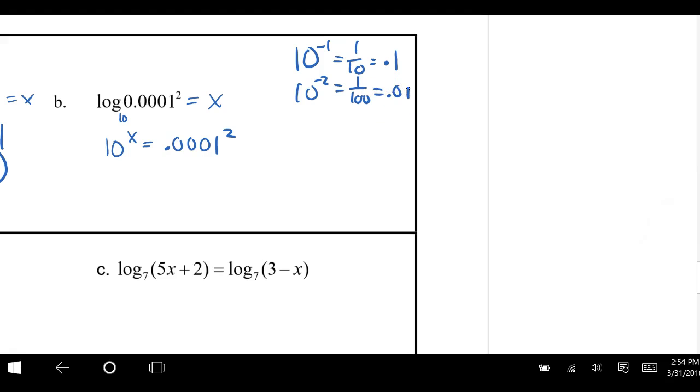So we have to figure out how many decimal places this is, or how much we would have to raise this to in order to match this. Well, let's try 10 to the negative 3, which is 1 over 1,000, and that would be 0.001, but we only need one more 0. So if I do 10 to the negative 4, that will give me 0.0001.